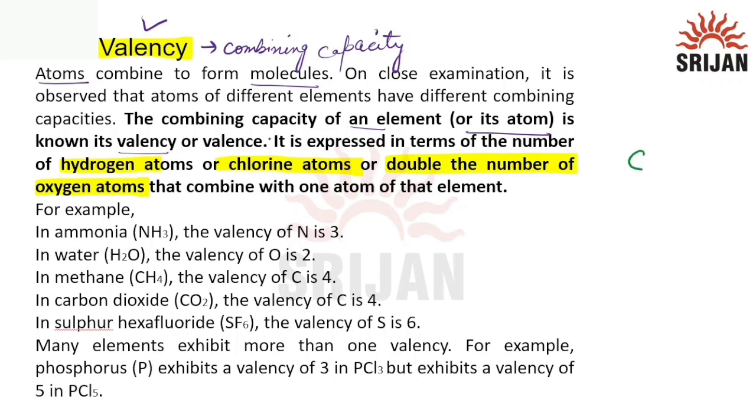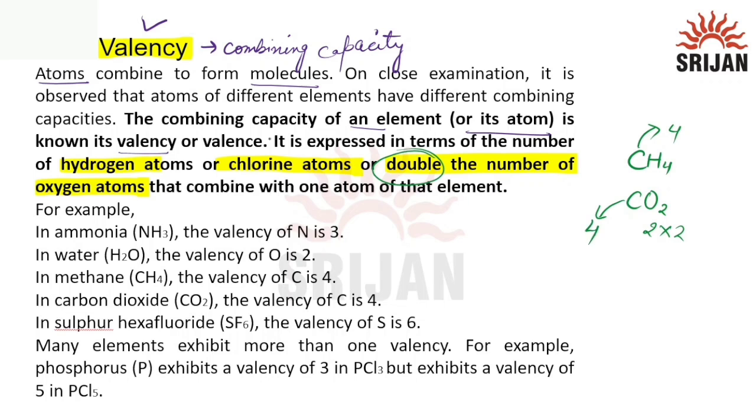For example, CH4. There are 4 bonded hydrogens here. Therefore, the valency of carbon is 4. In case of CO2, we have to double the number of oxygen. Carbon is bonded with 2 oxygen and we double the number of oxygen, that is 2 into 2. So, again the valency of carbon is 4.